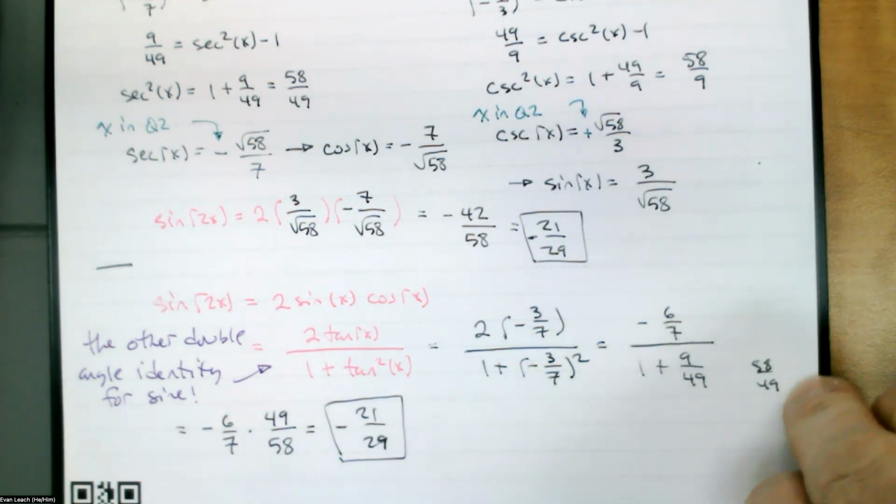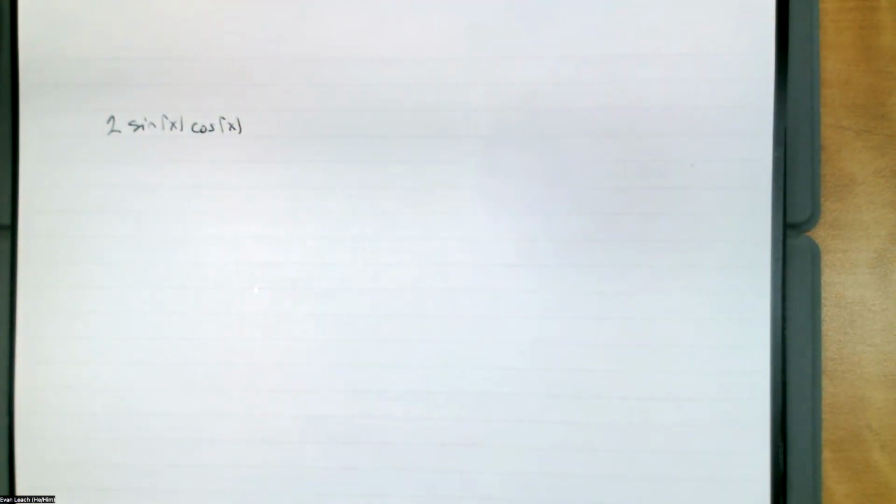The place that comes from, if we write 2 times sine x cosine x, I can take that sine, and I know that sine over cosine, sine divided by cosine, is equal to tangent.